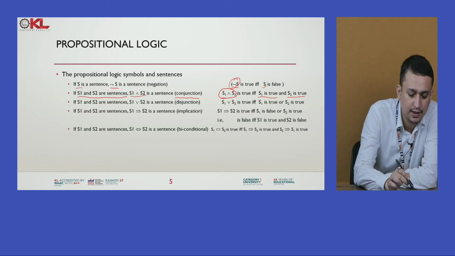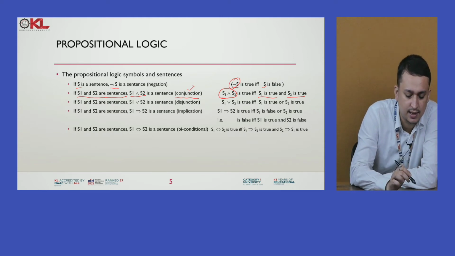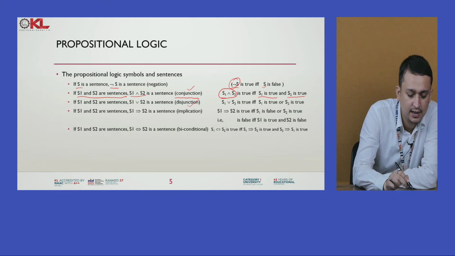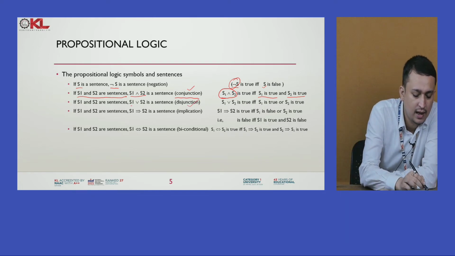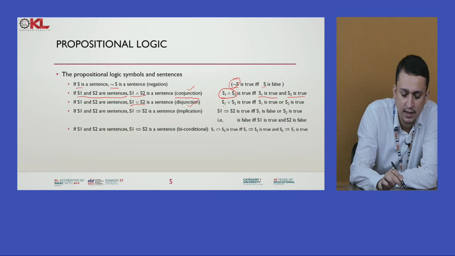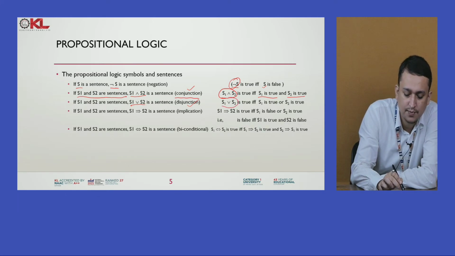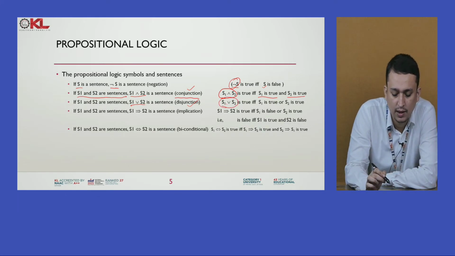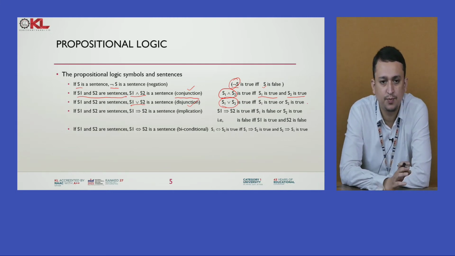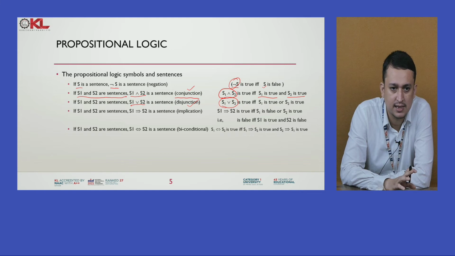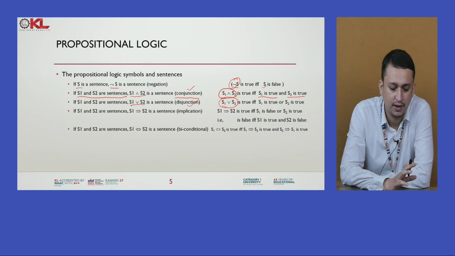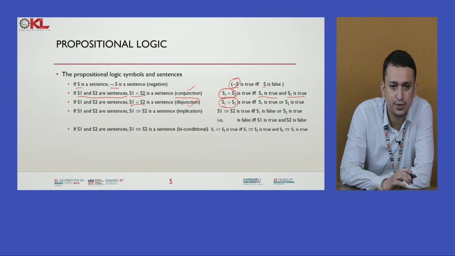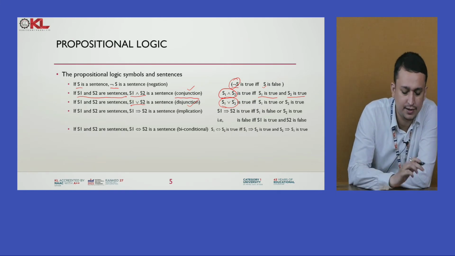This property is known as conjunction. For disjunction, the sentence is true if and only if S1 is true or S2 is true. If among the two sentences anyone is true, then we can consider the entire part true.